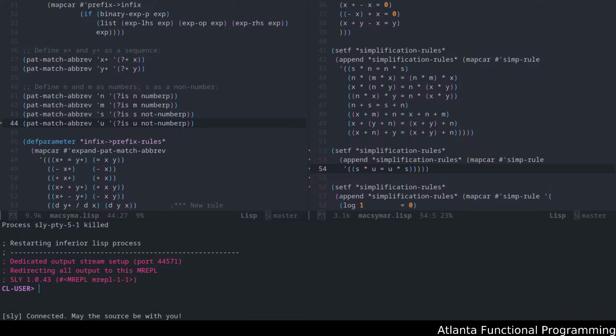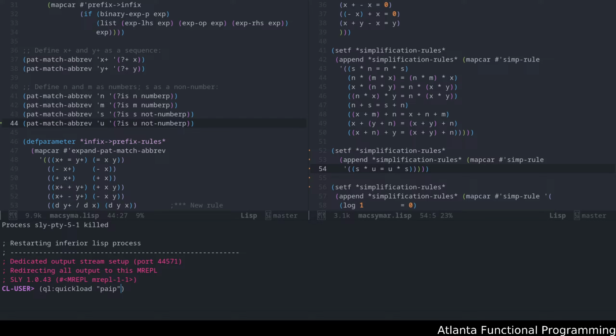Right now, unfortunately, since I added this rule to the rule base after actually loading Maxima R, it's probably getting a rule that's taking precedence over this rule, which doesn't make any sense. So let's see if that actually will change.